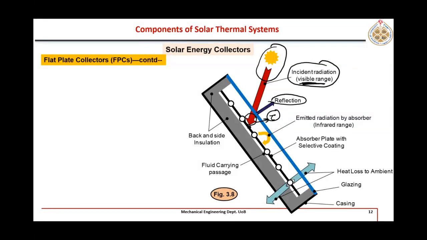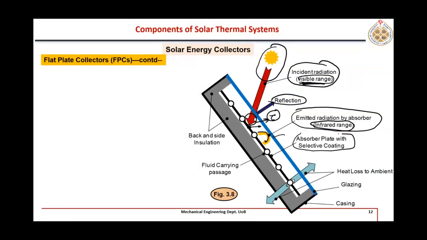And finally, it will be absorbed on that absorber plate. Now this absorber will start to emit, but this emitted radiation will be blocked. So here is the emitted radiation by the absorber, but it's not in the visible range, it is in the infrared, non-visible range. So this long wavelength radiation will be blocked by that glazing or glass.